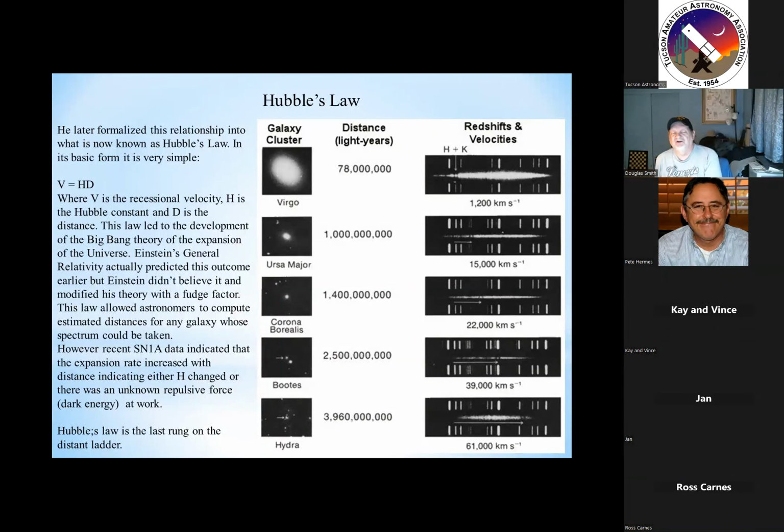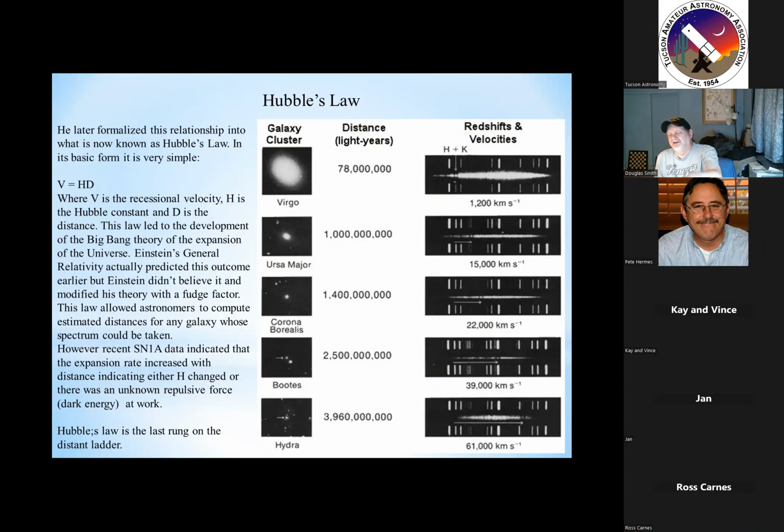But as I said earlier, the recent measurements of supernova type 1a indicate that Hubble's law perhaps is not quite as clean as we thought it was, but it's still considered the last rung in the distance ladder, because it gives us the measurement of distances to galaxies far, far away.